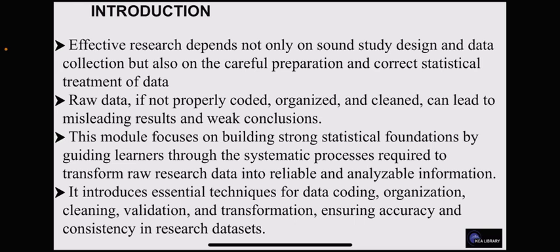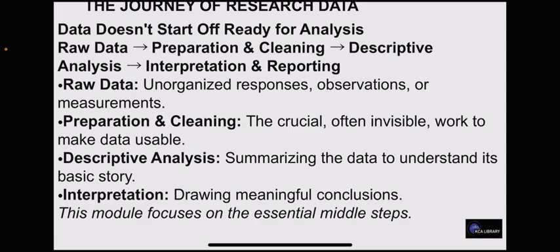So this module focuses on building strong statistical foundations by guiding learners through the systematic processes required to transform raw research data into reliable and analyzable information. It will introduce essential techniques for data coding, organization, cleaning, validation, and transformation, ensuring accuracy and consistency in research data sets. This is all for the introductory part of the module.